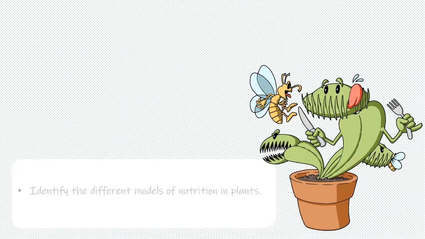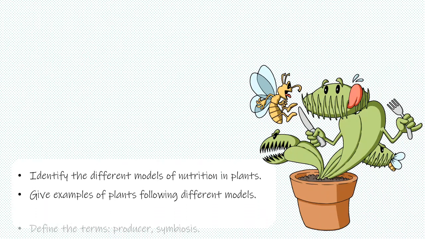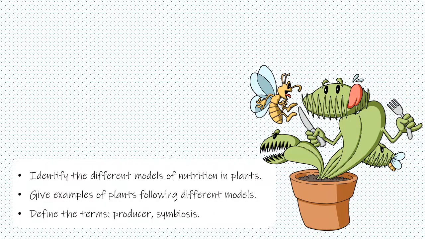That's it. In this lecture video, we talked about 3 models of nutrition. We have plants that make their own food, which are the green plants. We have plants that consume animals, which are the carnivorous plants. And we also have plants that need help, which are the symbiotic plants.